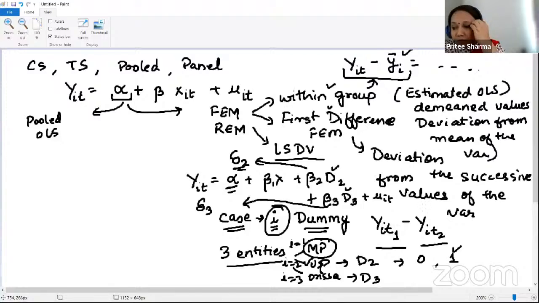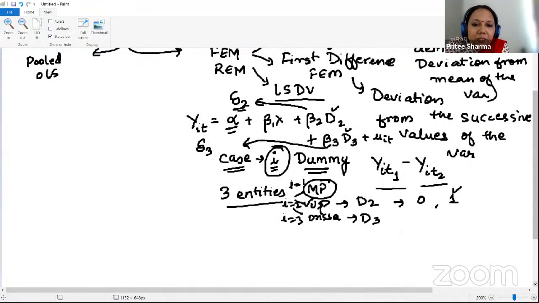So in case of least squares estimation of the impact of the dummies, we can also do one more thing.